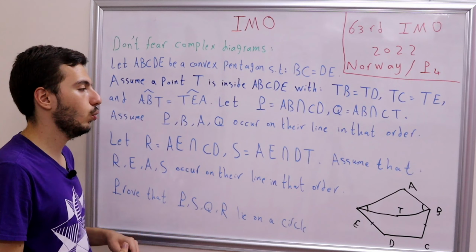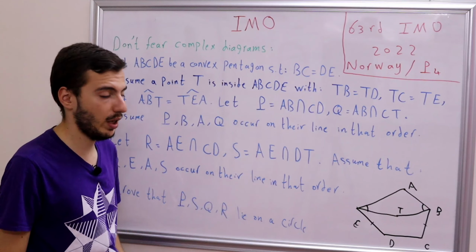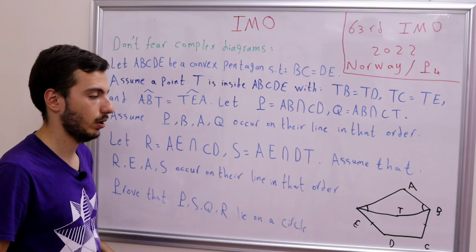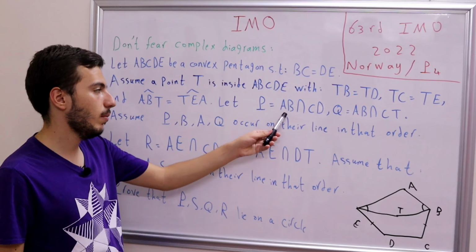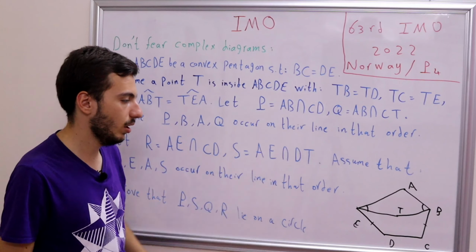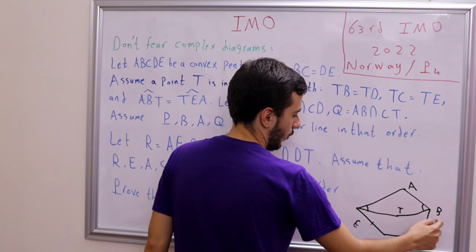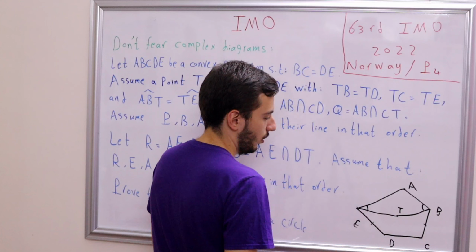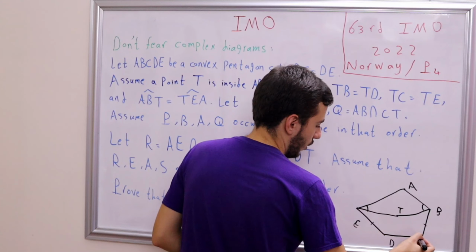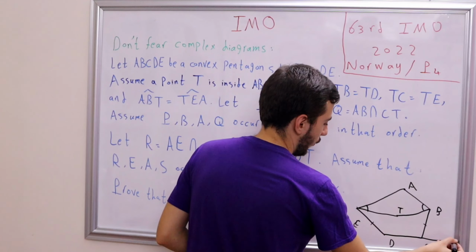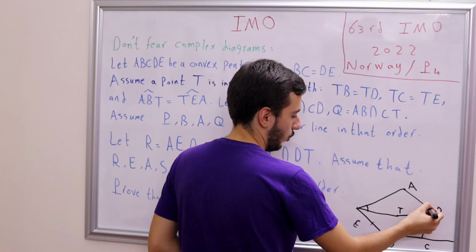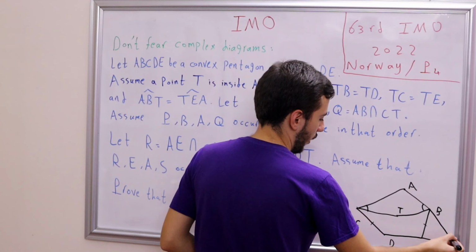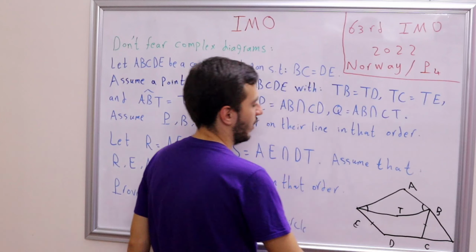Now we need to do the four intersections, and that will make our diagram really complex. We need to intersect AB with CD. Somewhere like here, it will be a bit outside the board. But remember, this is just our first simple diagram, so we may adjust it as much as we want.